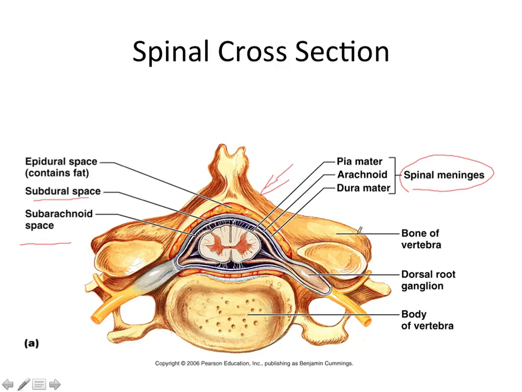Here we can see the posterior side and the anterior side. This is the spinal cord. We can see the spinal cord sends out nervous branches from the ventral part and dorsal part.